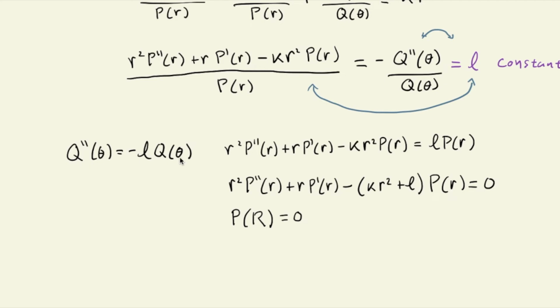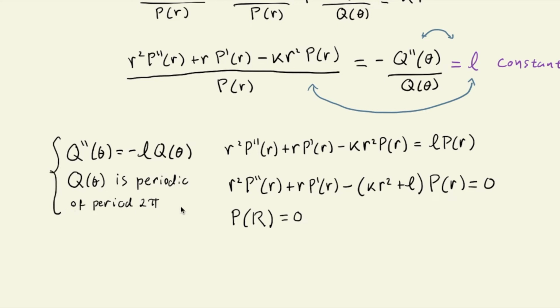And the boundary condition for Q is that Q is a periodic function. Q of theta is periodic because F was periodic in the theta variable. Period 2 pi.